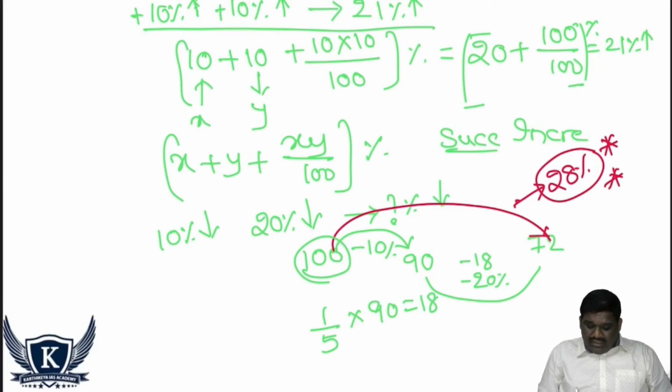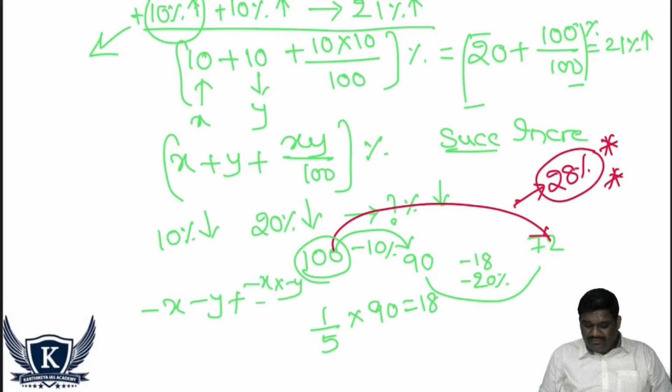So a formula is given to you. I have already told you, for increment you use a plus symbol, for decrement we use a minus symbol. So minus x minus y plus minus x into minus y by 100 whole percent. This is the overall decrement.